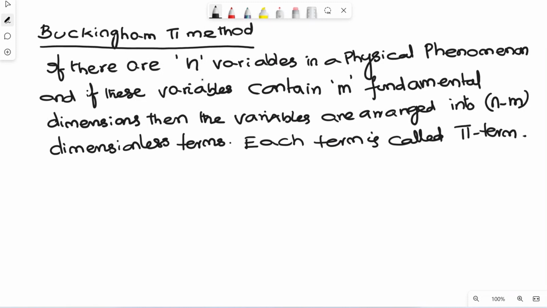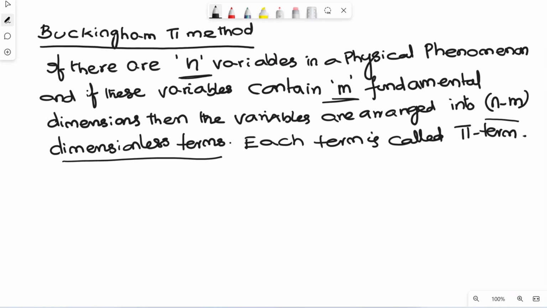If there are n variables in a physical phenomenon, and all these n variables contain m fundamental dimensions, then the whole problem is converted into n minus m dimensionless terms, and each dimensionless term is called a pi term.